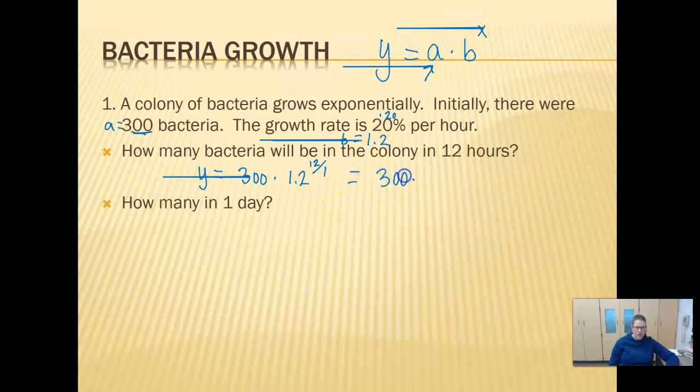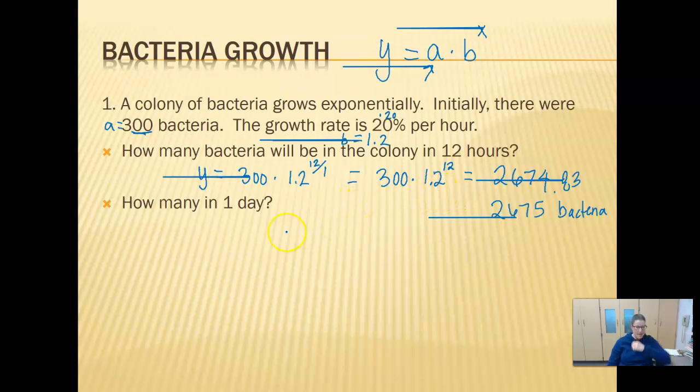So in your calculator, try it. 300 times 1.2 to the 12th power. Check it in yours too to make sure you're entering it correctly. And that should equal 2,674.83. And we're talking about bacteria, so let's just round it. So 2,675 bacteria would be in the colony after 12 hours.